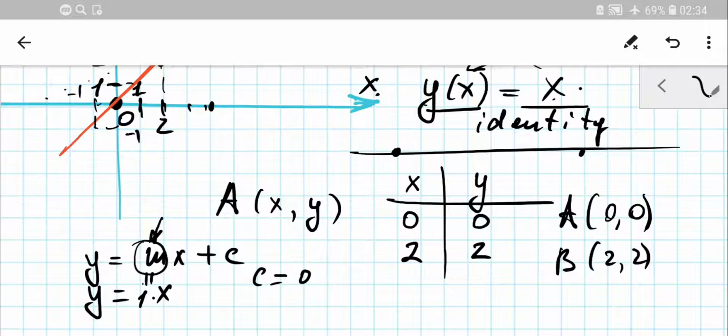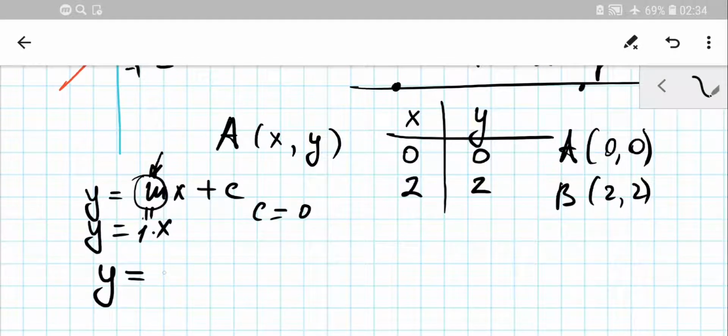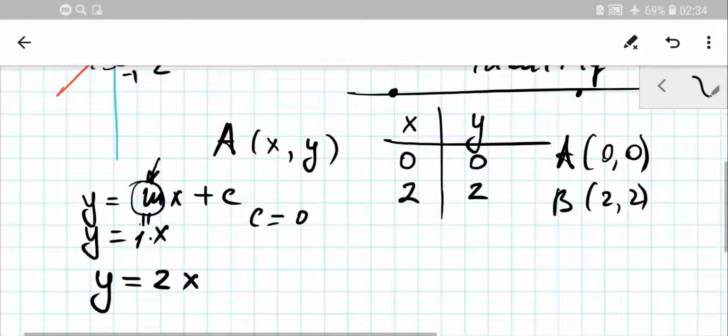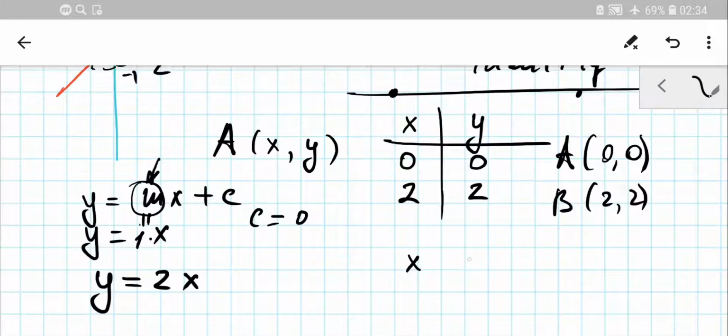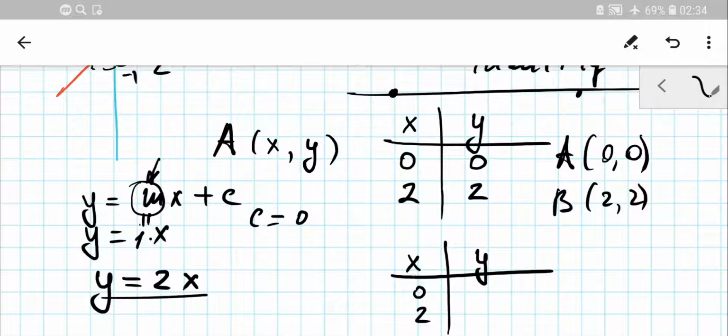But what if it's 2, or 1 over 2? What is it designed for? Let's compare, for example, with a second line with the equation y equals 2x. What's the difference? If you set up a table for this line, y equals 2x, it will give you the following values. You take the same x coordinates, 0 and 2, and according to the formula 2x, we need to double the value.